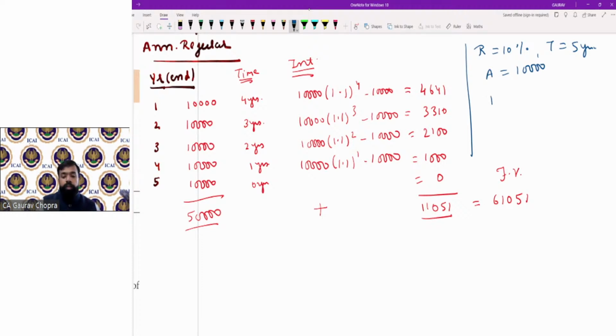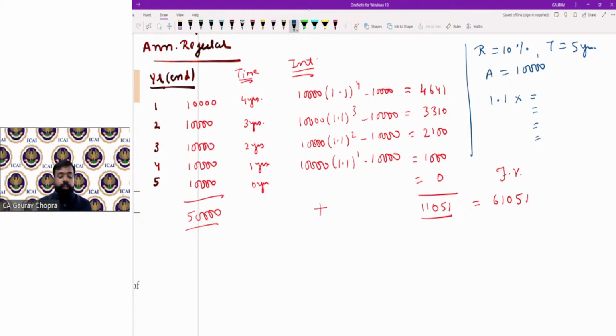Like 1 plus 10% becomes 1.1, multiply and press equal to, 1.1 multiply and then equal to for how many times? 4 times. इससे क्या निकलेगा? पावर 5. तो 1 plus I to the power of 5 we are calculating. So 1.1 multiply press equal to for 4 times. Do this first. So equal to for 1 time, 2, 3, 4. Okay, this we have done.